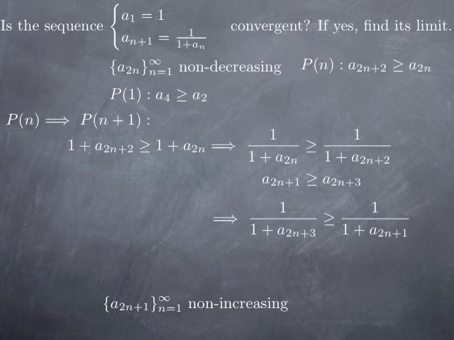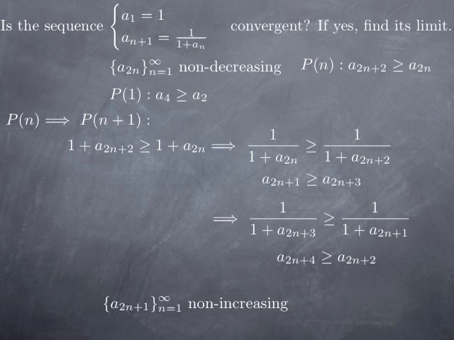What I have on the left hand side is really a(2n+4), and on the right hand side a(2n+2). So I got the conclusion I want, because this inequality corresponds to the property being true for n plus 1. In other words, I have proved that my sequence is non-decreasing.